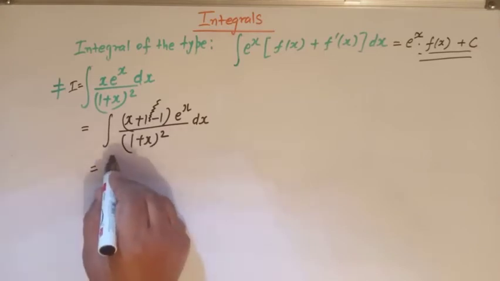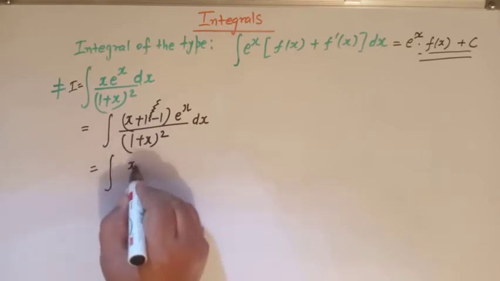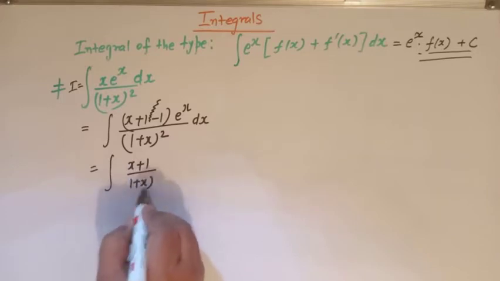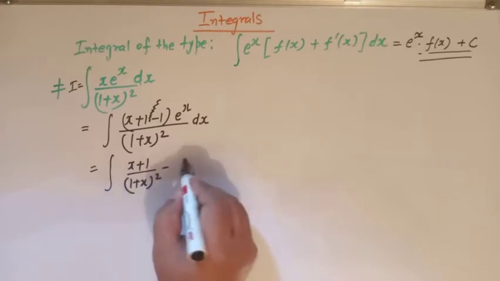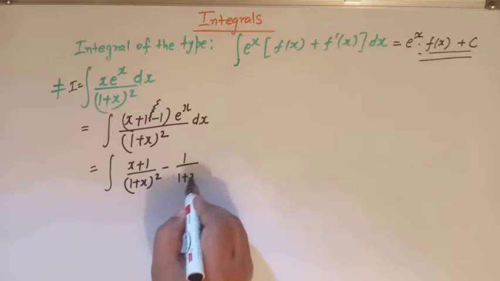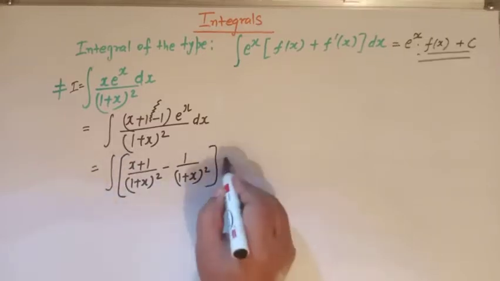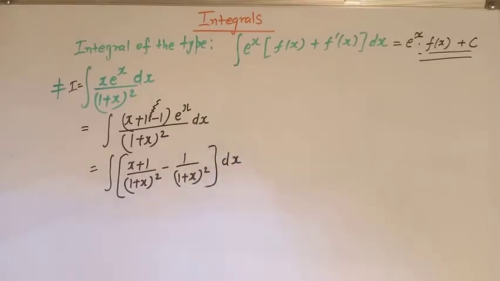Now let us break this function from this point. Clear? So we have the integral of x plus 1 divided by 1 plus x whole square, and we have minus 1 over 1 plus x whole square, and here we have dx. Clear?